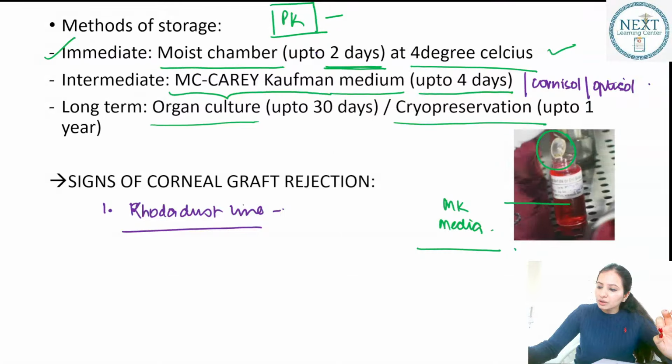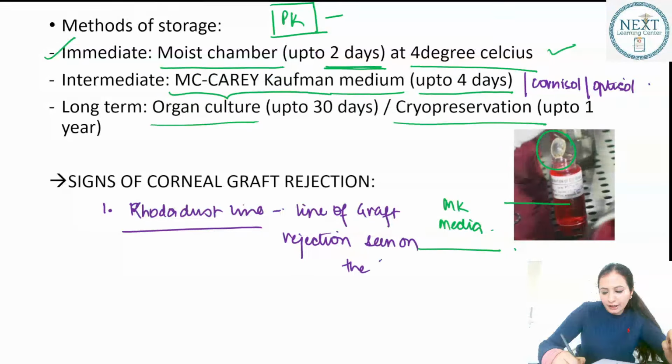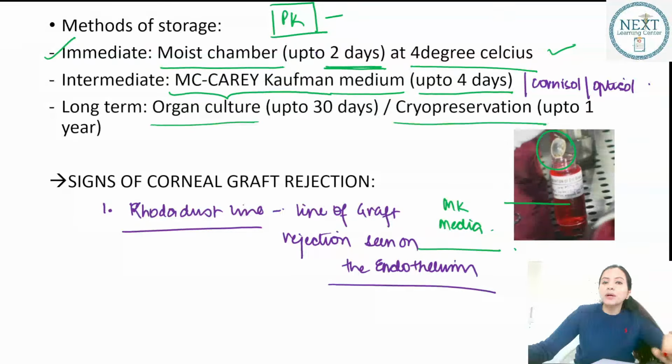So we have the Khodadoust line. What is it? It is a line of graft rejection that is seen on the endothelium. Basically, what you are seeing is multiple keratic precipitates on the endothelium.